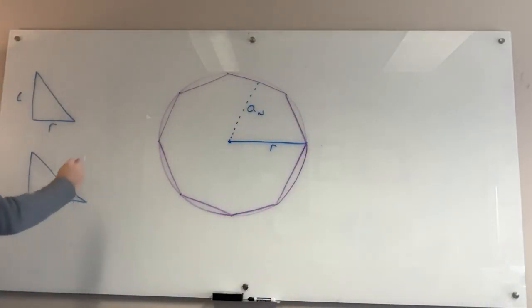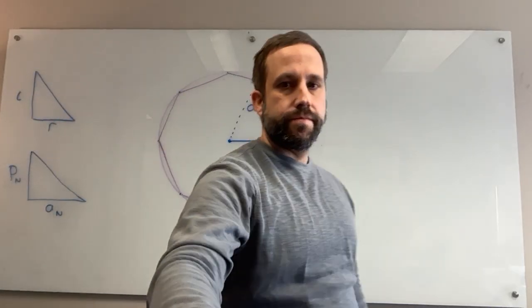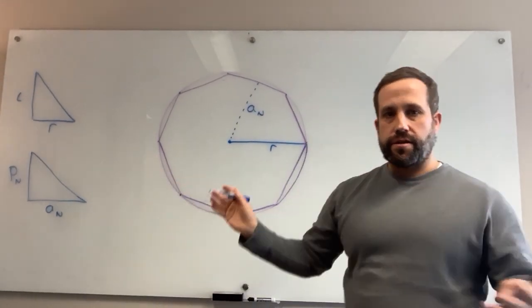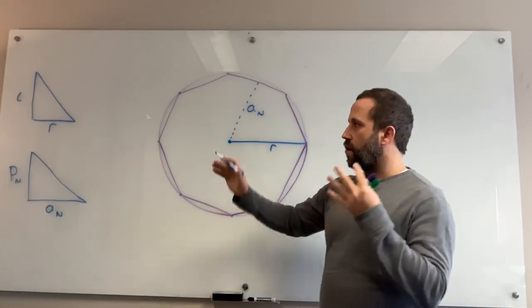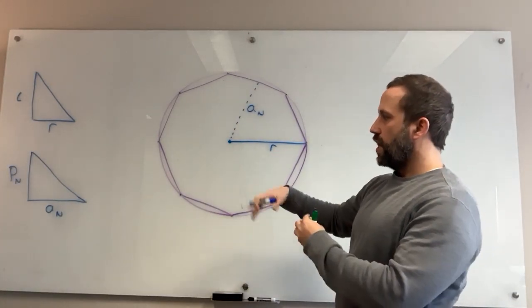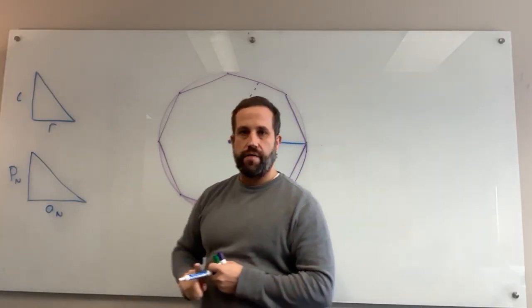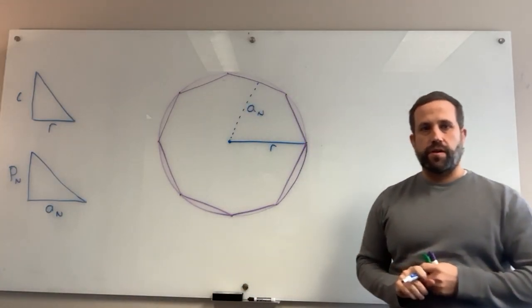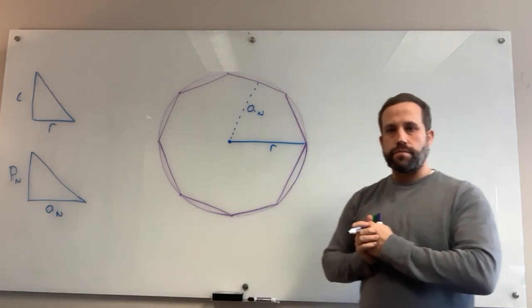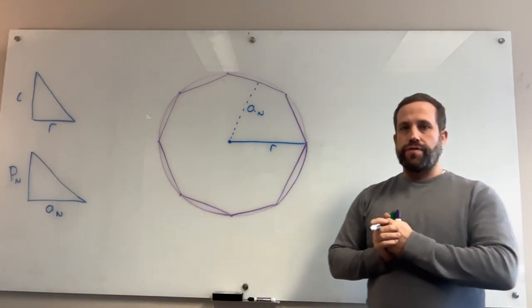The area of that polygon is going to be equal to one half the apothem times the perimeter of the polygon, which I'm going to abbreviate as P sub n. Essentially, the area of the circle is equal to the similar thing with the area of the polygons. Circumference is perimeter. Okay, so here's how he proved this.